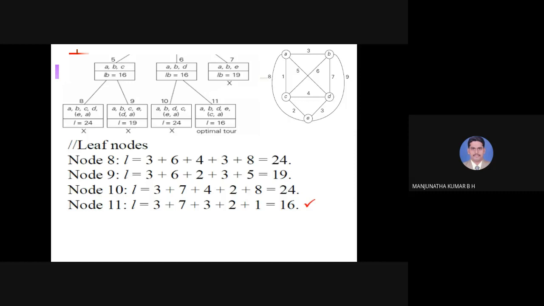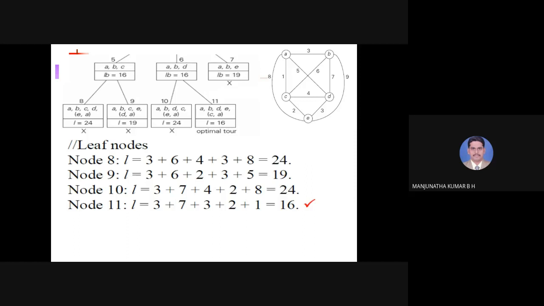Because only 2 cities are left to visit. So if you visit D, that is node 8. If you visit E, that is node 9. Okay, fine. Suppose you take node 8 now. After C, I visit D, and after D, only one city is left, correct?